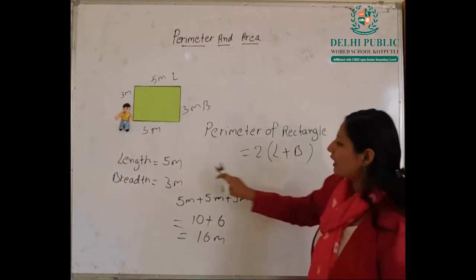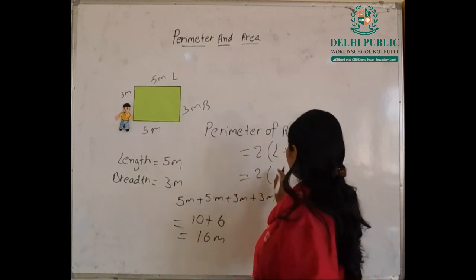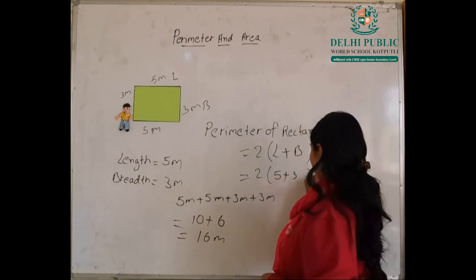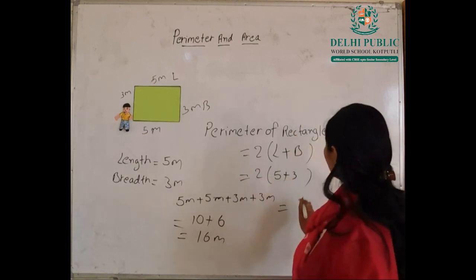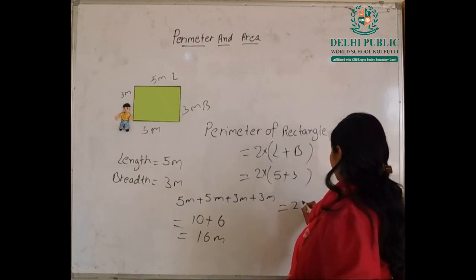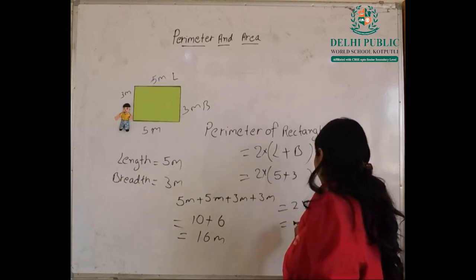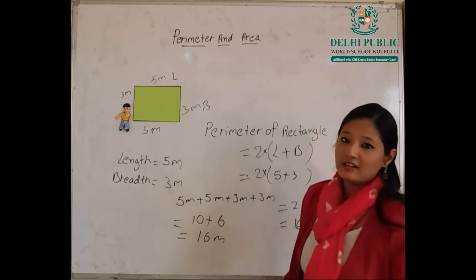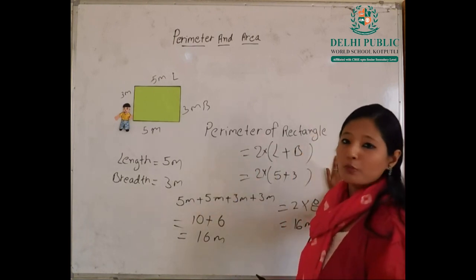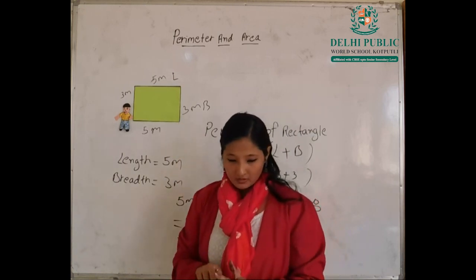So L is for length and B is for breadth. So length is 5 meters and breadth is 3 meters. So 2 is in multiplication. 2 multiplied by 5 plus 3, which is 8, and 2 eights are 16. So through this formula we can calculate the perimeter of a rectangle.